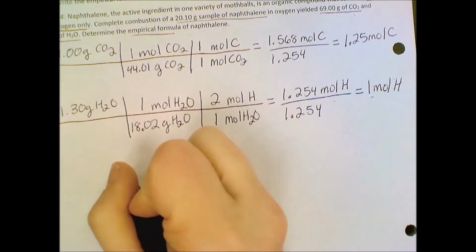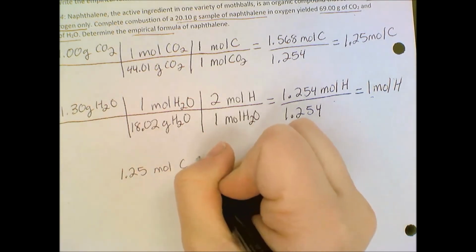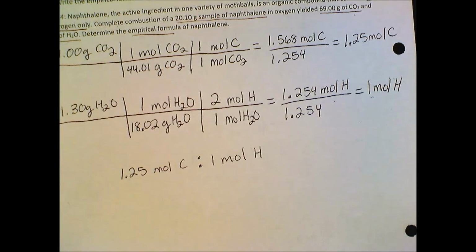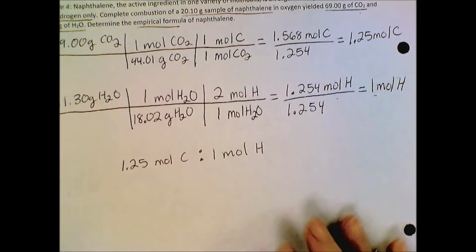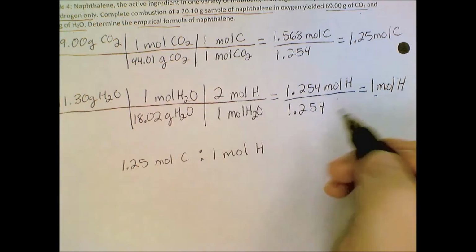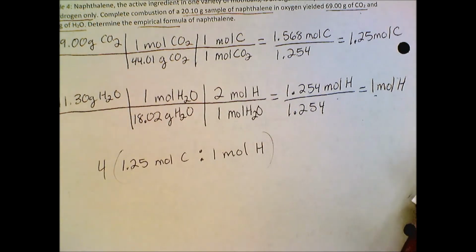We know that this means we have 1.25 moles of carbon for every 1 mole of hydrogen. Okay. If I want to make 0.25 into a whole number, I just want to multiply it and make it bigger. So 0.25 times 4 gives us 1. So if we multiply both of these by 4, we can work this out.